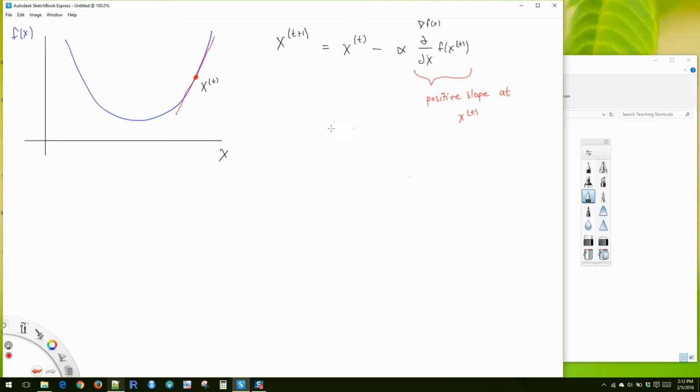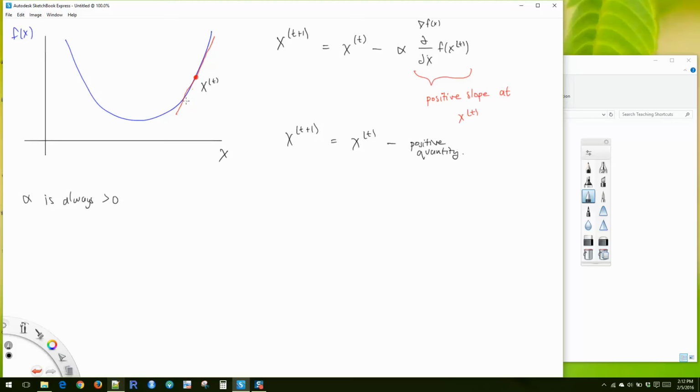When we find x at time t plus 1, it's going to be our current value of x of t, and we're going to subtract off, I should say alpha is always greater than 0, okay? So we're going to be subtracting off alpha times a positive quantity.